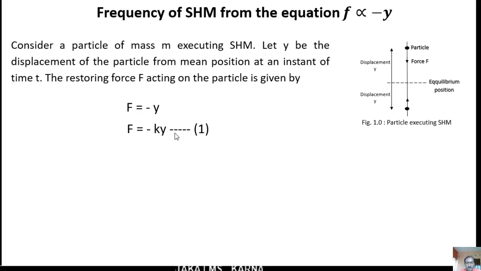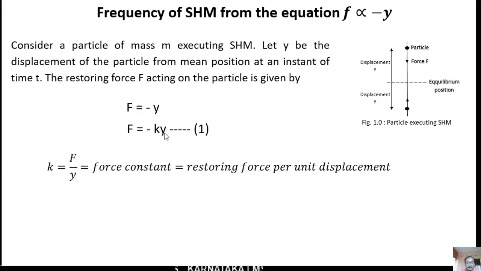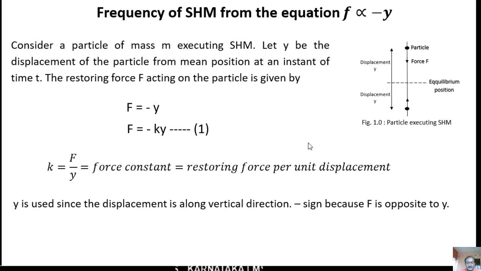That will be equation 1, where k is the restoring force per unit displacement, given by k equals F divided by y. Totally, k is said to be the force constant, defined as the restoring force per unit displacement. F is the restoring force, k is the force constant, and y is the displacement.